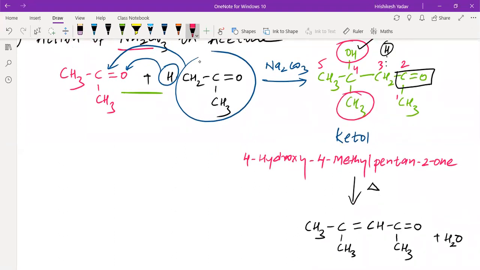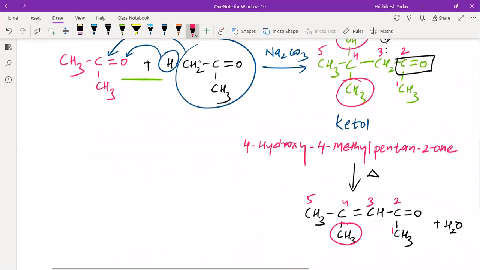Now the name of this compound, again we'll write carbon number 1, 2, 3, 4, 5. On number 4 we have a methyl group.